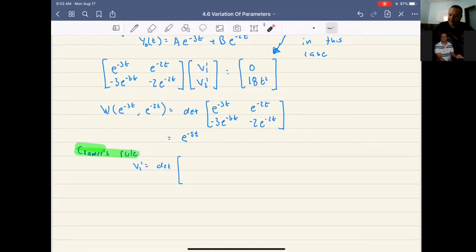Remember, we're going to put this column in first, for the first column. So 0, 18t squared, e to the negative 2t, negative 2 e to the negative 2t, divided by our e to the negative 5t.